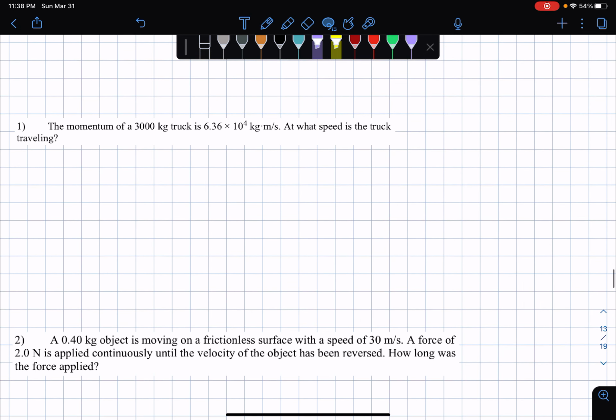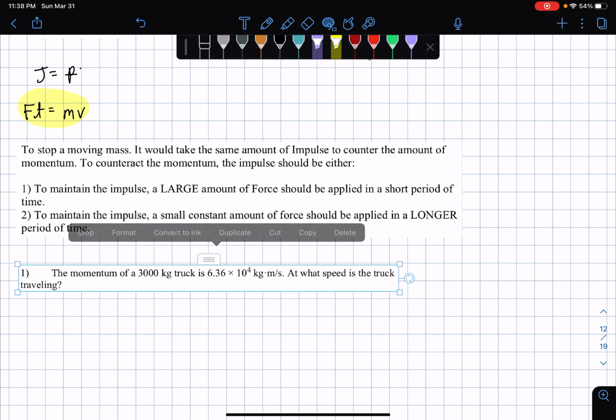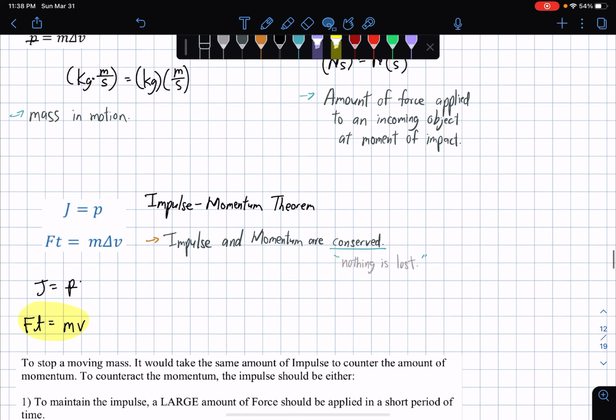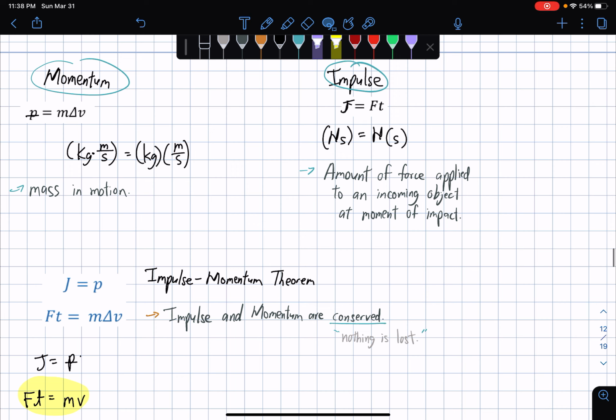Okay, let's solve number 1. It kind of makes sense. Momentum is known to be the mass in motion, right? So in order to counter the momentum value itself, the impulse has to be equal.